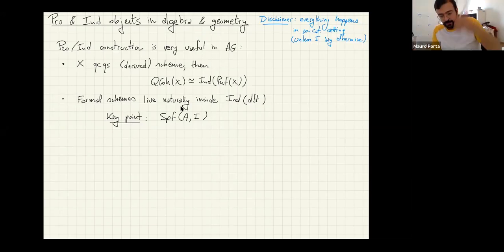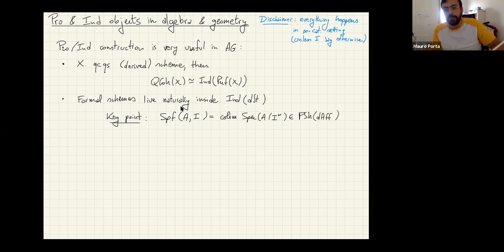Is that this thing is a colimit of Spec of A modulo I^n. The colimit is a priori done inside presheaves of affines.